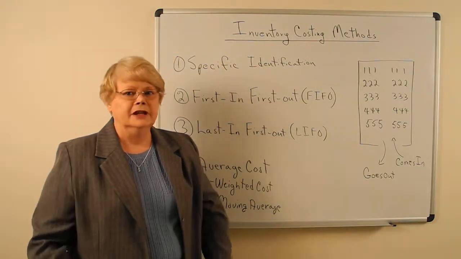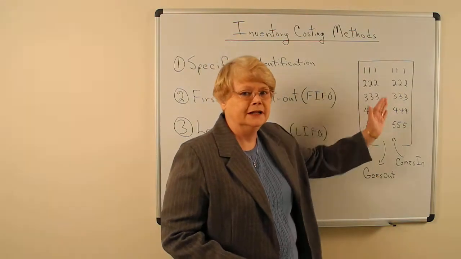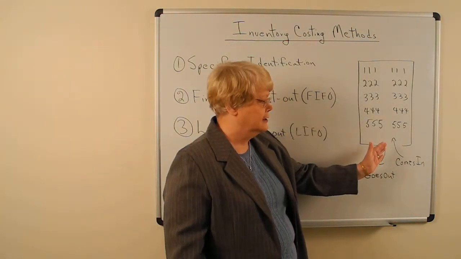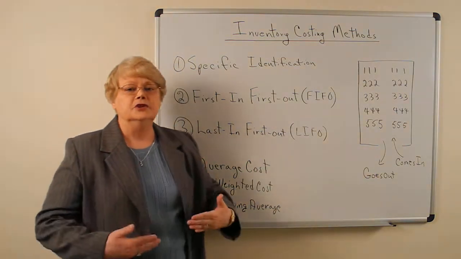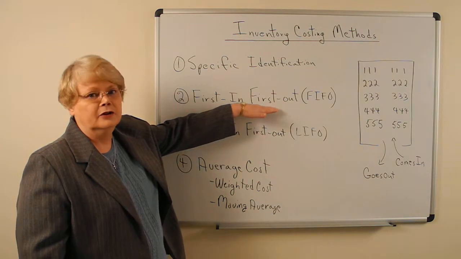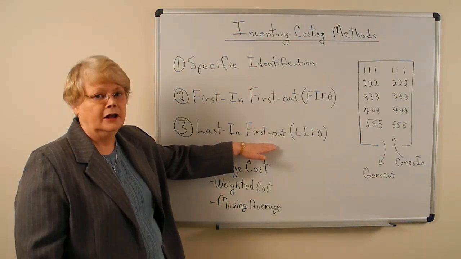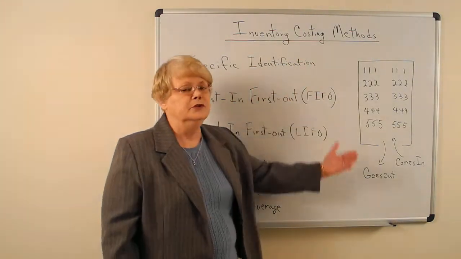The point of the matter is, though, it really doesn't matter how you physically put in and take the items out of the warehouse. If all of the items are the same, we're going to use an assumption that they're either taken out on a FIFO basis or taken out on a LIFO basis. And they do not necessarily have to be moved in that way.